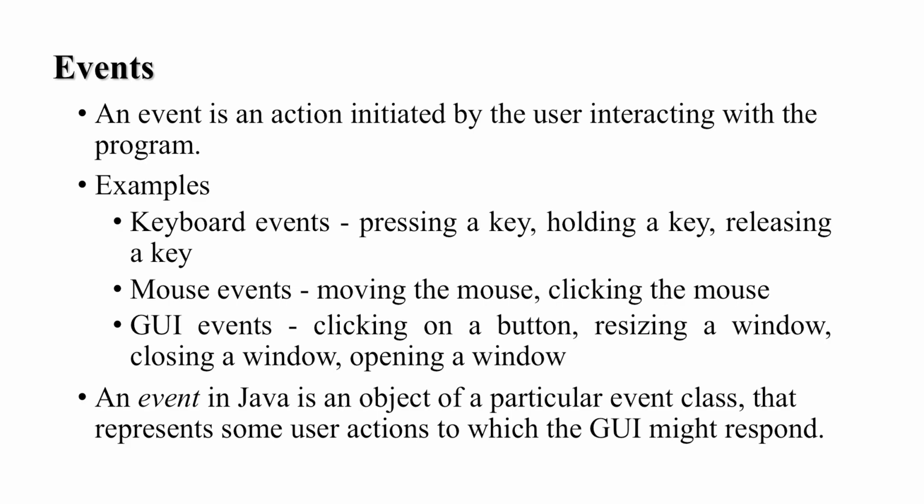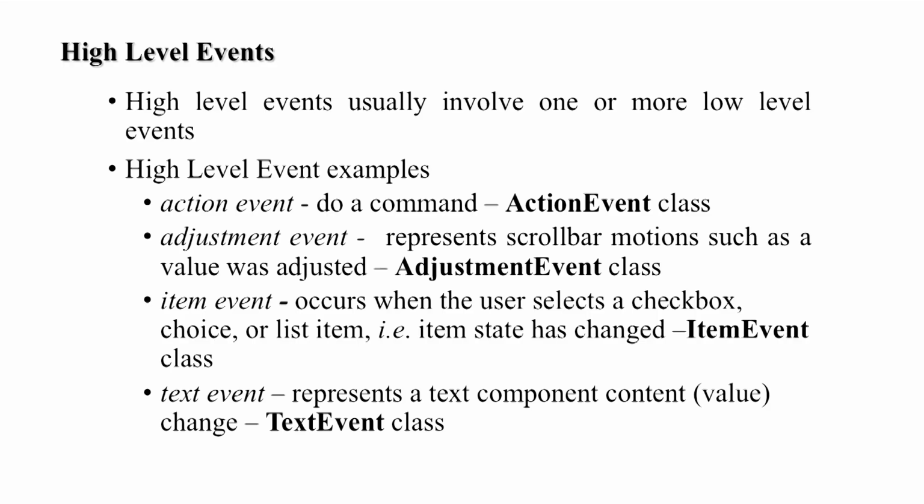They may be keyboard events like pressing a key, holding a key, releasing a key; mouse events like moving the mouse, clicking the mouse; or GUI events like clicking on a button, resizing, closing or opening a window. Basically, an event in Java is an object of a particular event class which may represent some user action to which the GUI might respond.